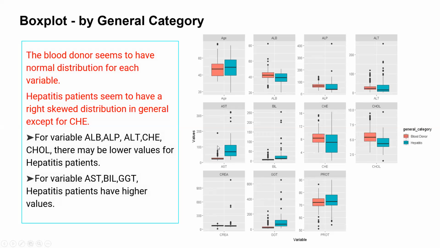For variables AST, BIL, GGT, hepatitis patients have higher values. So variables ALB, ALP, ALT, CHE, CHOL could decrease in hepatitis patients, and variables AST, BIL, GGT could increase in hepatitis patients.